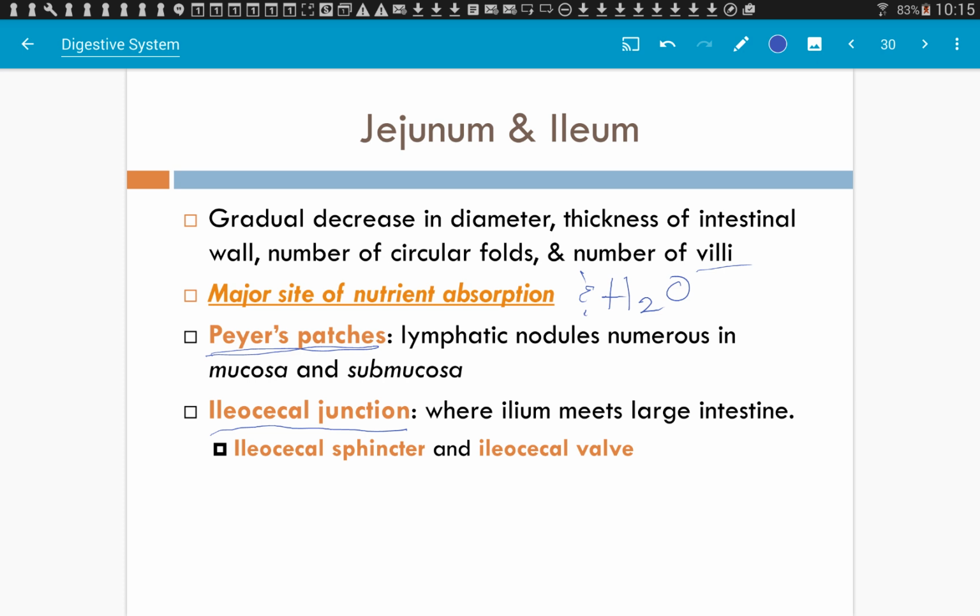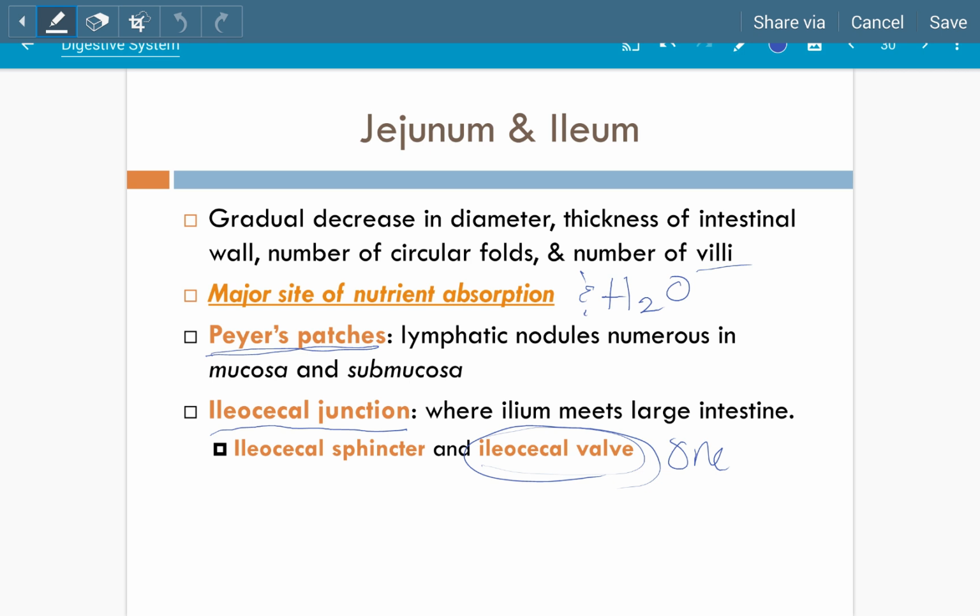It is controlled by the ileocecal valve, which remember is one way, and really important. One reason for this is you have a lot of bacteria in your large intestine, which are beneficial, but the substances in your small intestine have no bacteria, it's sterile. You do not want backflow. You do not want bacteria from your large intestine backflowing up into your small intestine.